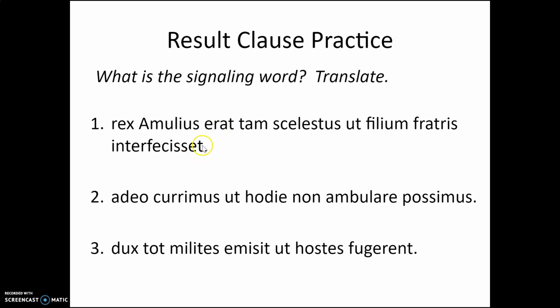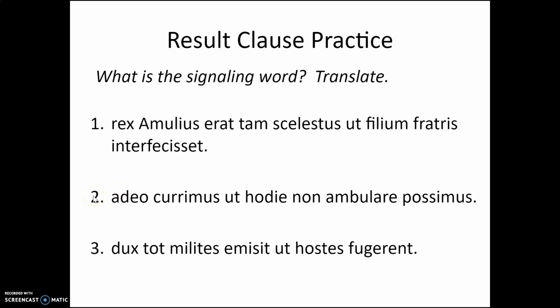That T means he, and it's pluperfect. So he had killed filium fratris, the son of his brother. King Amulius was so wicked that he had killed the son of his brother.